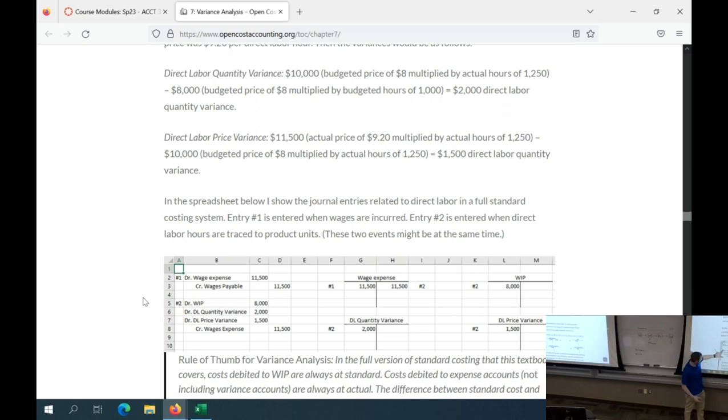In direct labor, you have one giant entry you make when you incur the direct labor cost, when the people give you their labor. So yes, I know I have a $3,500 net debit that has to go here, but technically, without calculating the actual variances, which I do in these two paragraphs right here, it could be a $4,000 debit to quantity variance and $500 credit to price variance.